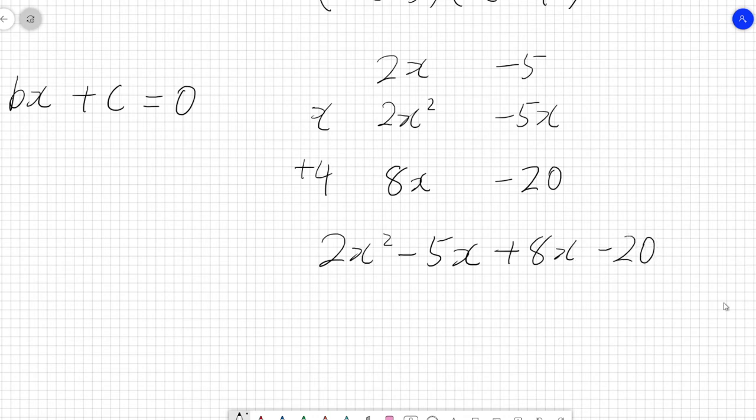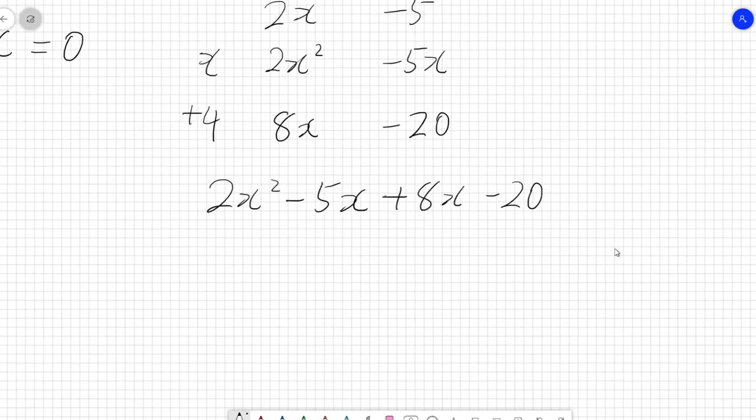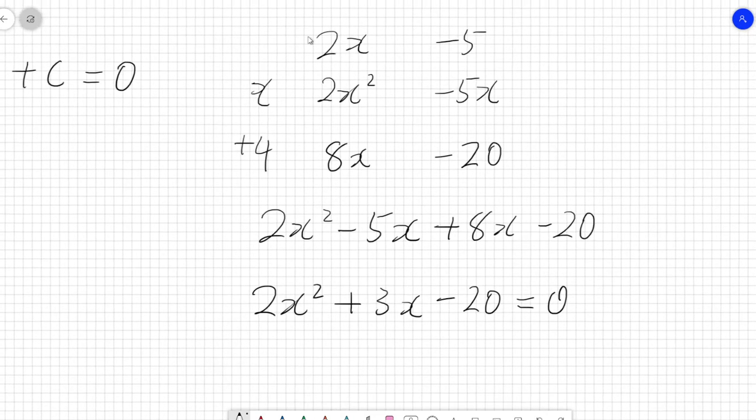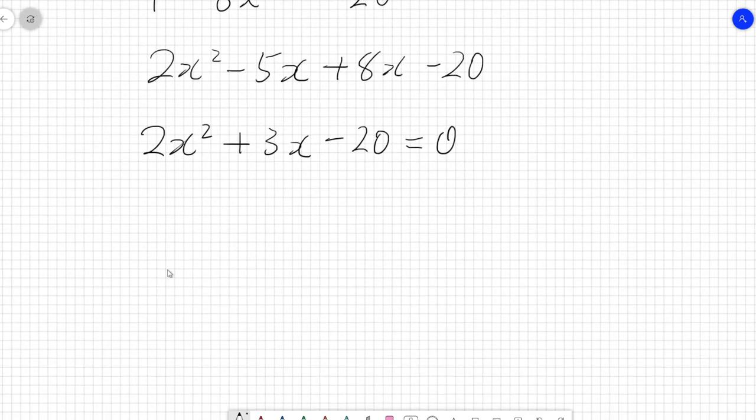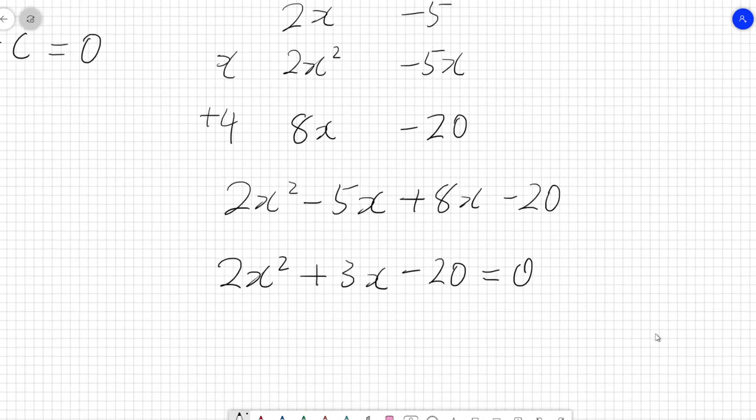So if at any stage you end up with an equation that looks like 2x squared plus 3x minus 20 equals 0, you can immediately know that this is where this expression came from. So you can just factorize it into what we had originally.